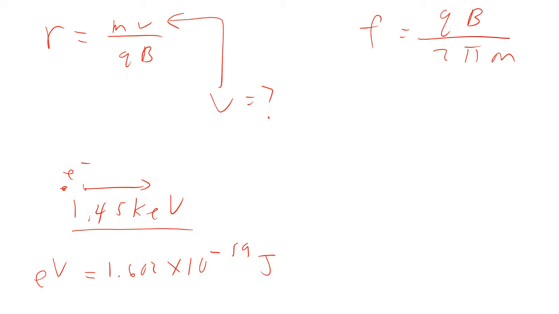So a keV is going to be 1.602 times 10 to the minus 16 joules. So 1,000 times more. So that means that 1.45 keV, if you do the unit conversion, that's going to be 2.32 times 10 to the minus 16 joules. Well, that's nice. I found the energy.